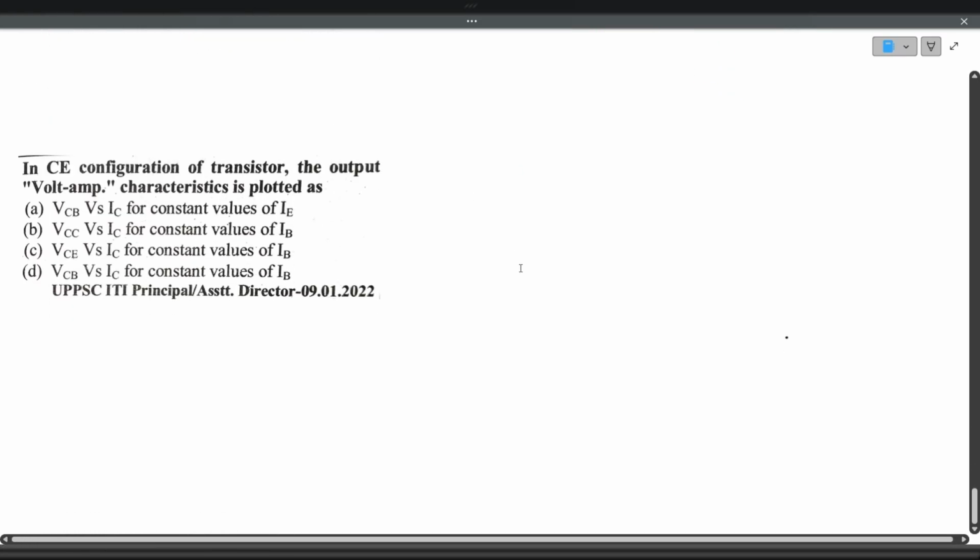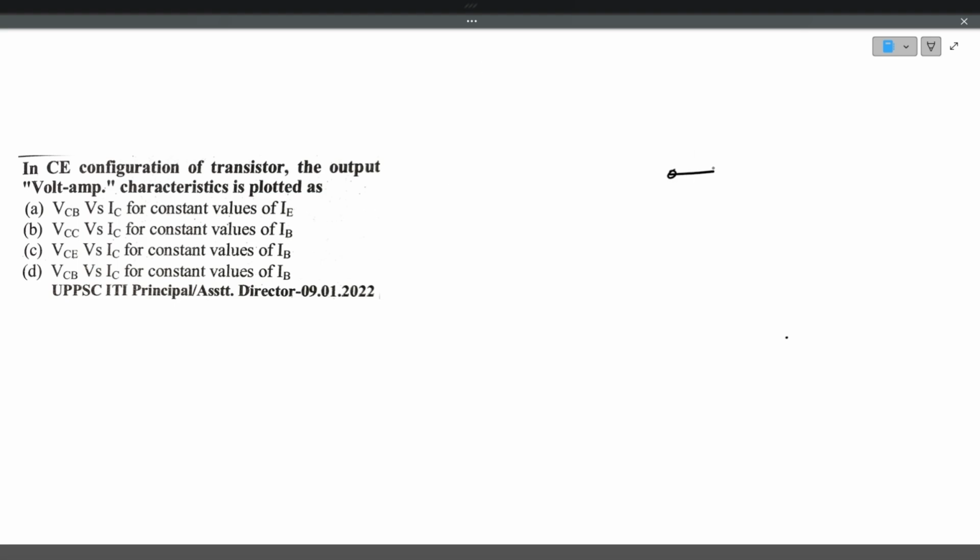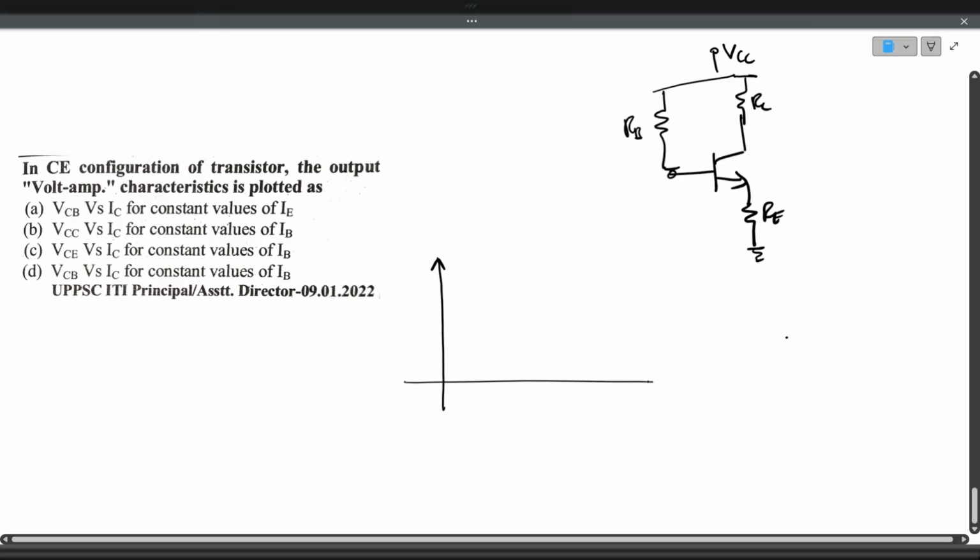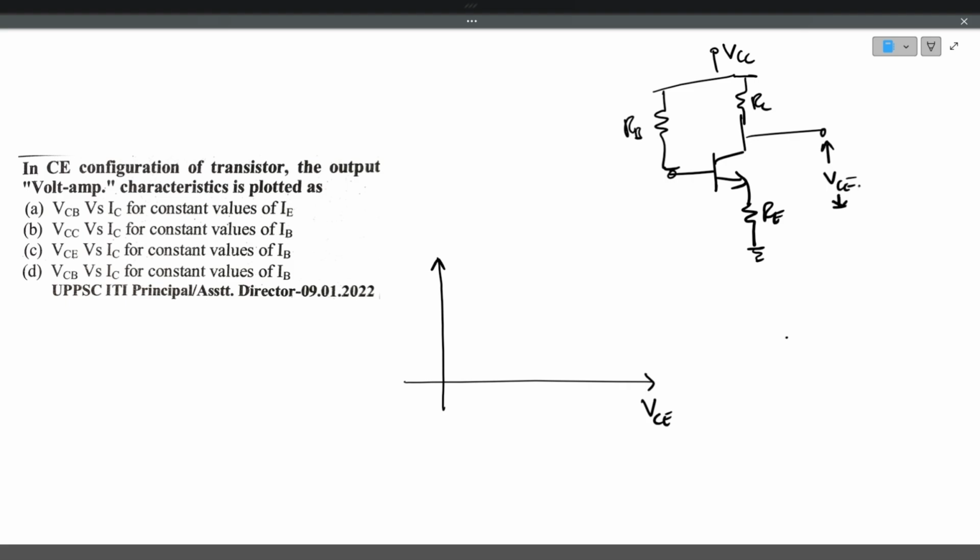In CE configuration of the transistor, the output voltage-current characteristics are plotted as follows. For the CE common emitter, this is the configuration, this is RC, RE, and this is the base resistor, RB. This is the fixed bias method, VCC. The output VI characteristics are plotted. This is VCE. The output voltage is nothing but VCE, and output current is nothing but collector current.